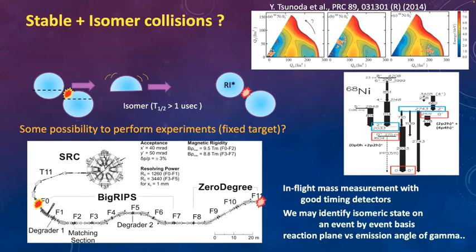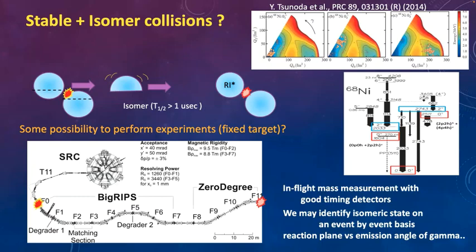So if we have some capability to identify those isomer events event by event using a very good timing detector in the beamline, this is very challenging, but there is some possibility to have the reaction plane or flow analysis in combination with this isomer.